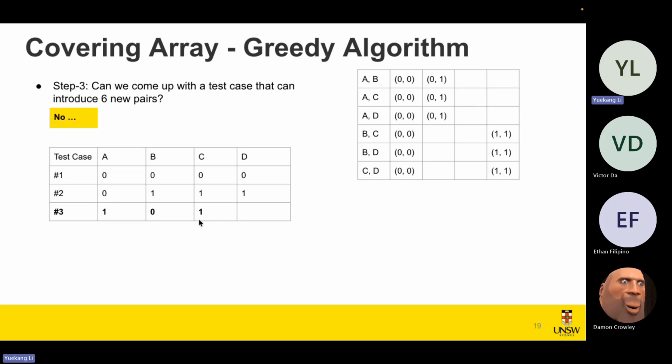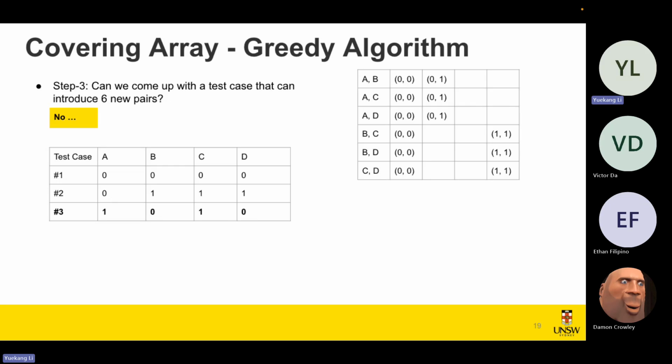BD is not new, and CD is also new. So we can have 2 more patterns. If we take the value of 1 here, then AD is 1, 1. BD is 0, 1, which is new, but CD is not new. So in this case, it's a tie, so we can take either 0 or 1 here.